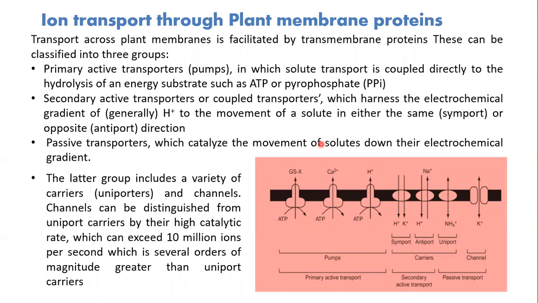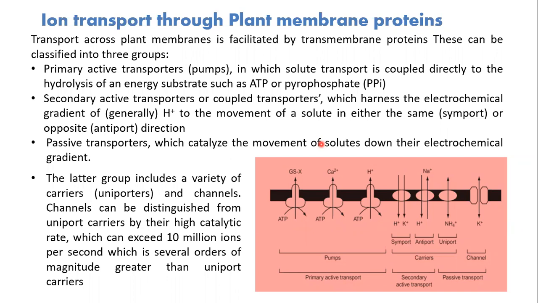So it means these transporters do not use energy in the form of ATP directly, but they utilize the electrochemical gradient which is developed by the use of ATP. So this is also a kind of active transport, but because energy is not used directly, we say secondary active transport.